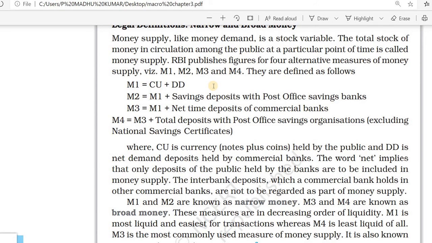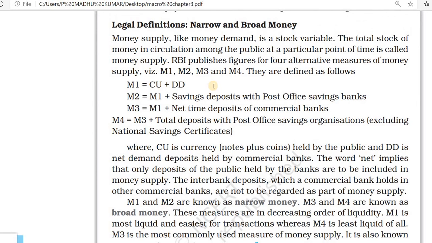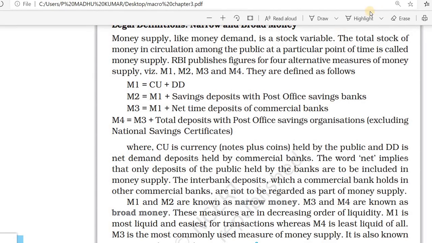M1 equals currency with the public and demand deposit with commercial banks. That one is M1.